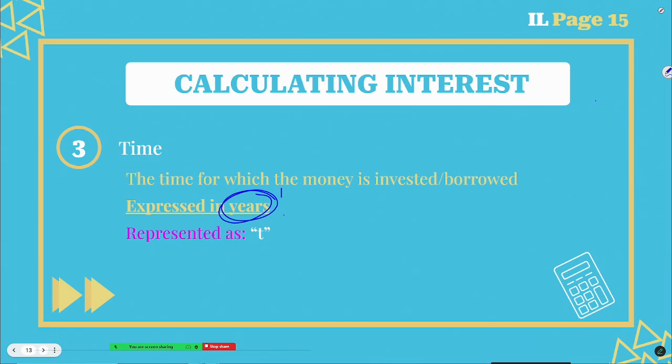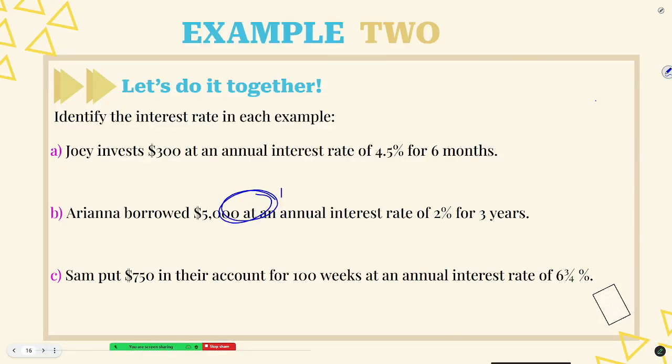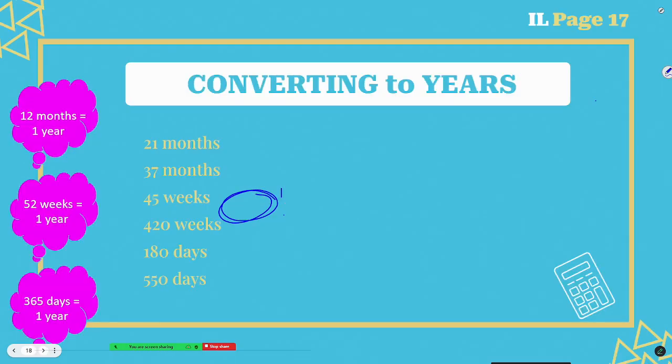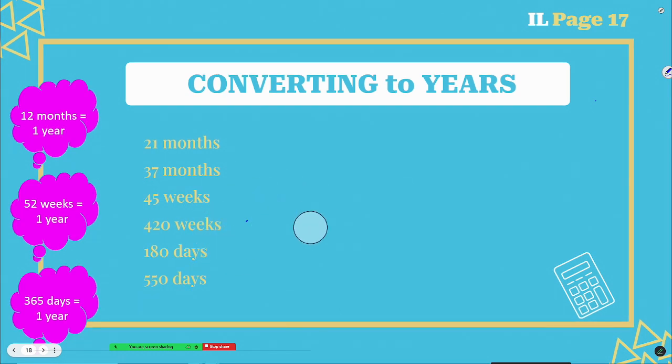Remember, we did our mental math to help us figure out all the different time periods in a year. This is where we're going to need to put it to use, because if we are told that somebody invests something for 21 months, it's not helpful to us in our formula. We have to convert it into years.